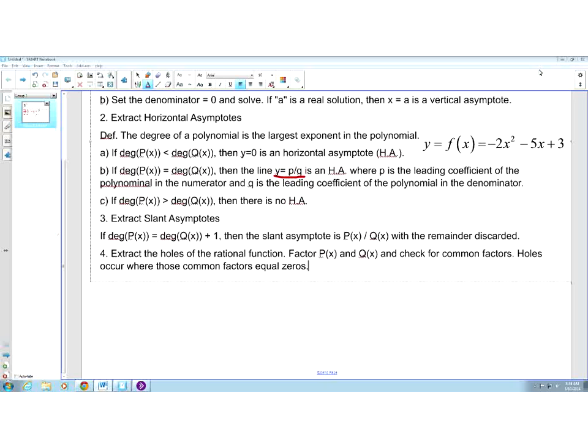We'll do an example of, so let's say y is equal to f of x, which is equal to, and how about, let's go x cubed minus 8 divided by x squared minus 4. So I'll write that here.